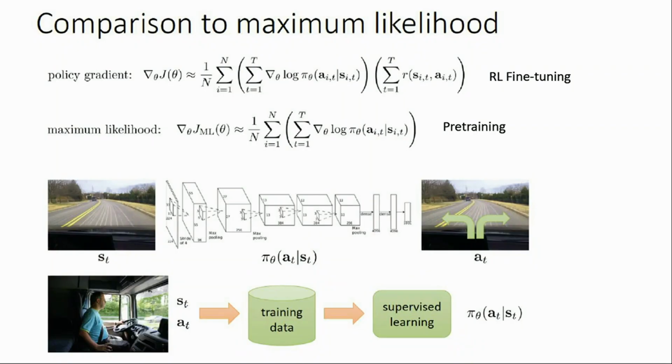In the RL setting, this can also be thought of as imitation learning, where instead of giving you a reward, you directly imitate the behavior in a given trajectory. So you can train a supervised learner first, and then use reinforcement learning with reward to fine-tune your policy to optimize for the actual reward.